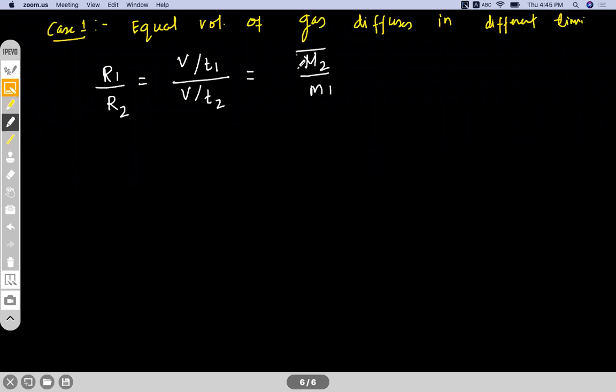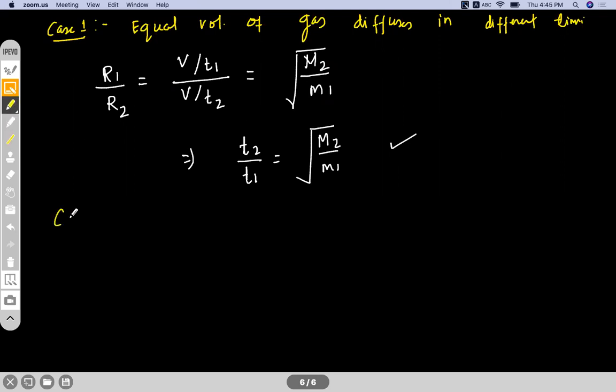Since the gas is given, you know the molecular mass, so you will have the relation of time: T2 by T1 is equal to root of M2 by M1. Basic logic, you don't have to memorize this.